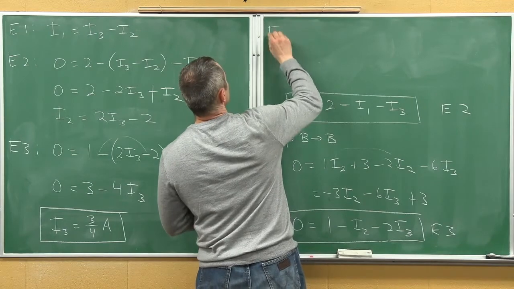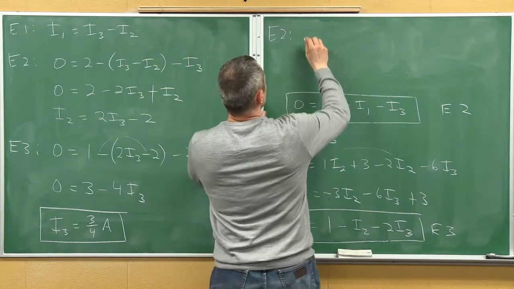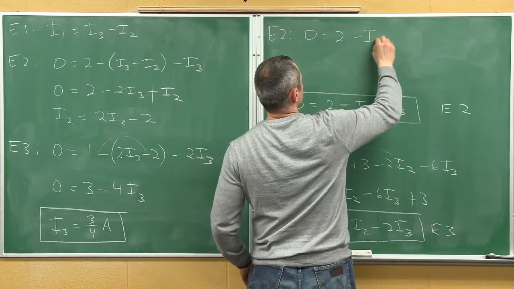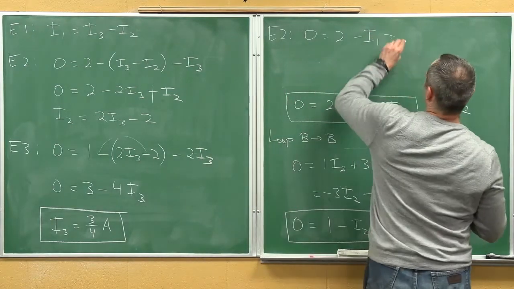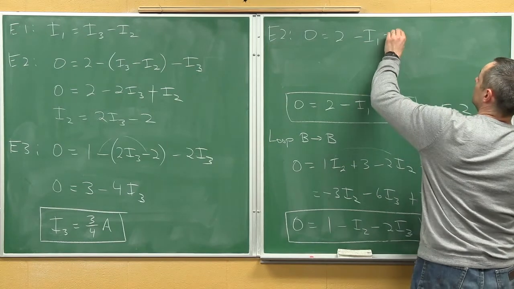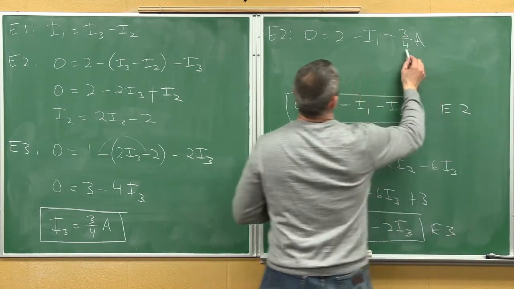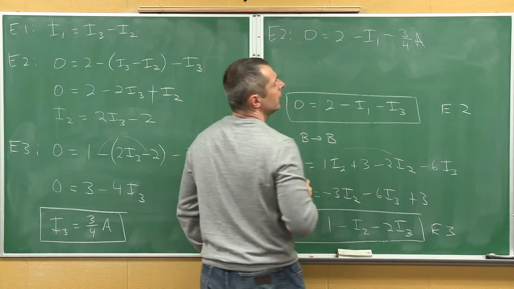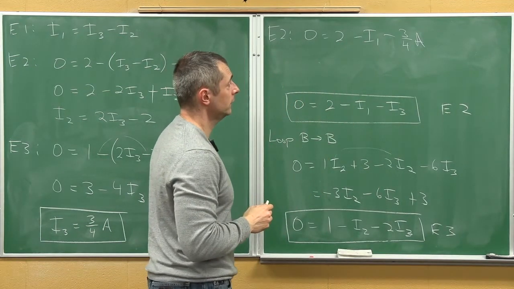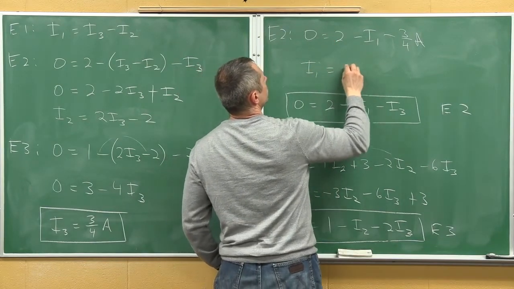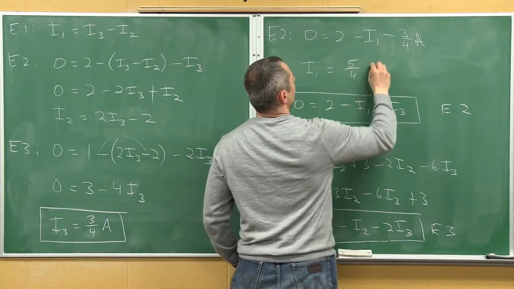Into equation 2, we could say 0 equals 2 minus I1 minus I3, which we figured out is 3/4 of an amp. So this is now going to be 1 1/4 or 5/4. And we could move the I1 to this side and get I1 equals 5/4 amps.